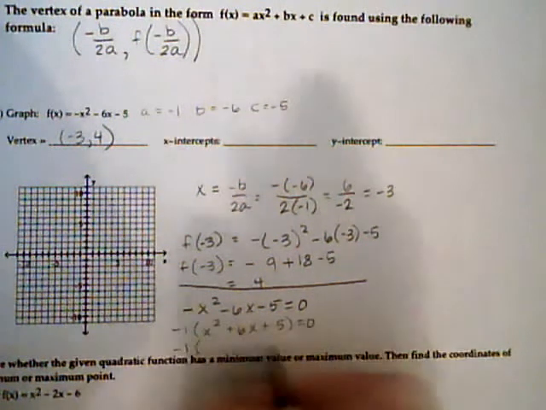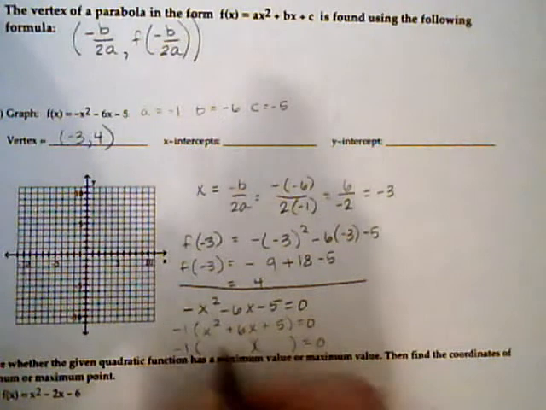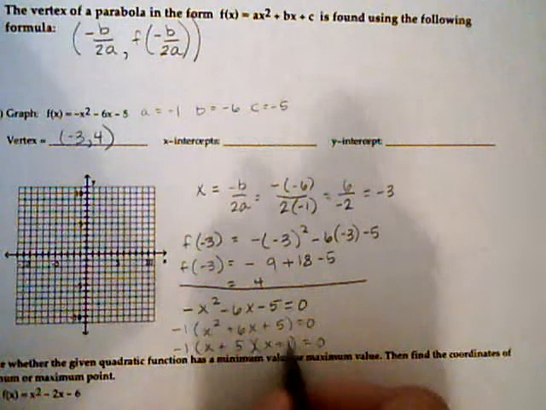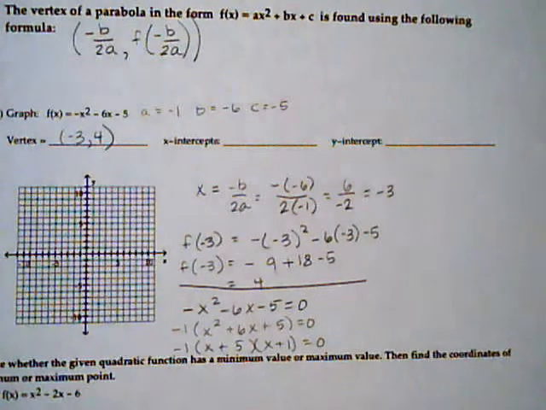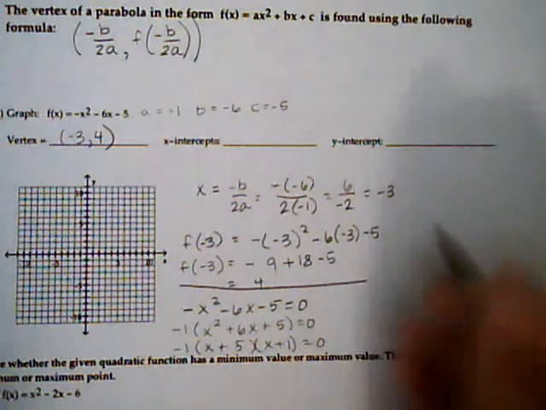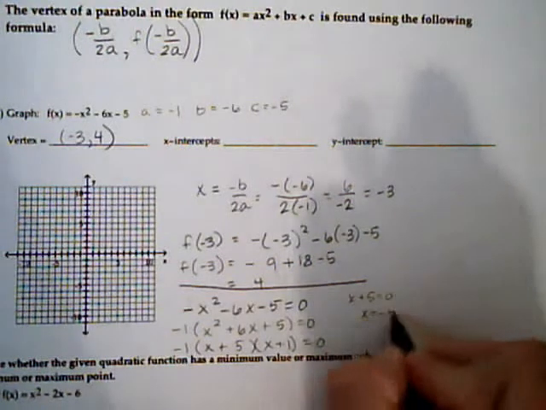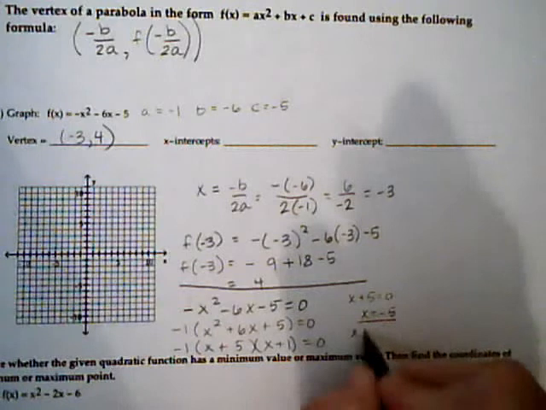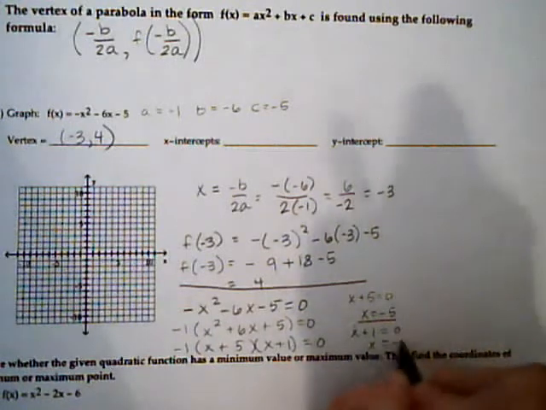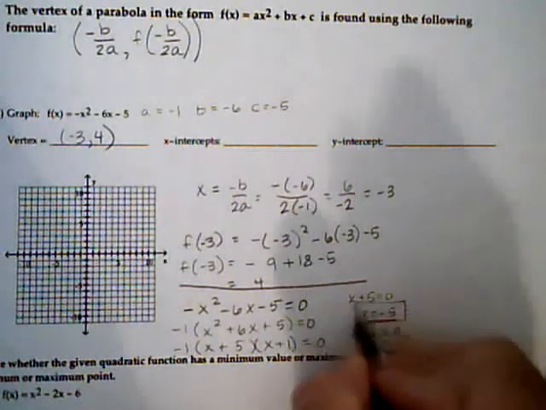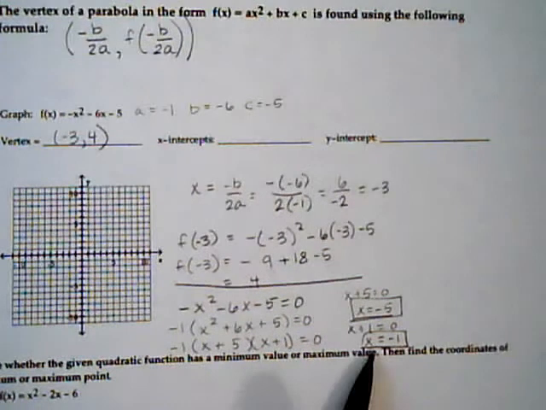Then I can factor this trinomial as x plus 5 and x plus 1. When I set each factor equal to 0, x plus 5 equals 0 gives me x equals negative 5, and x plus 1 equals 0 gives me x equals negative 1. Those are my two x-intercepts.